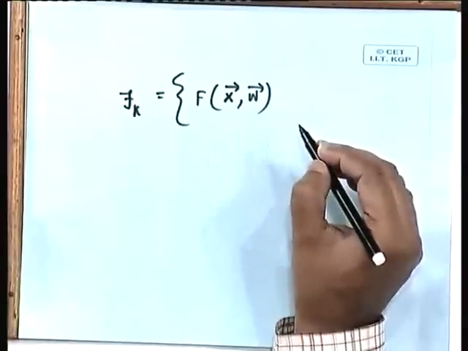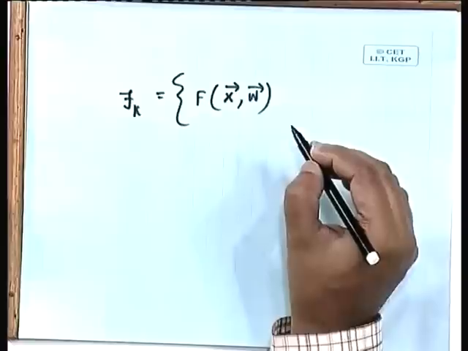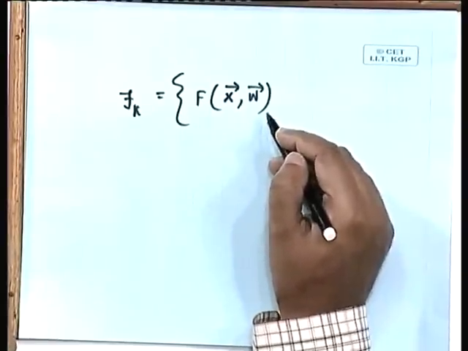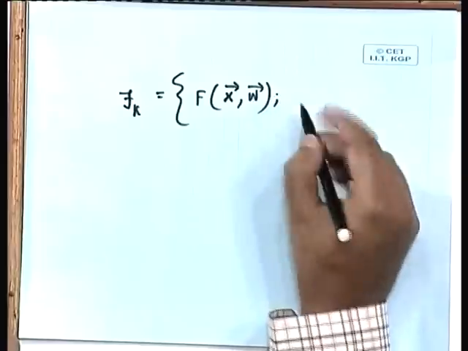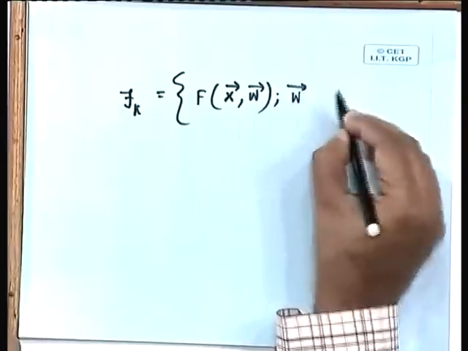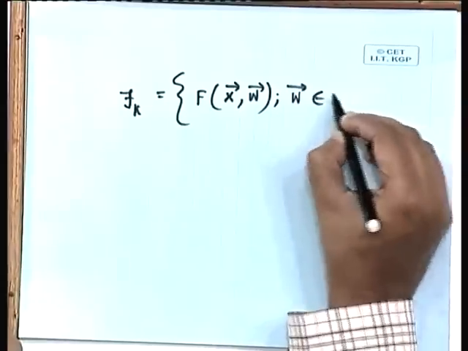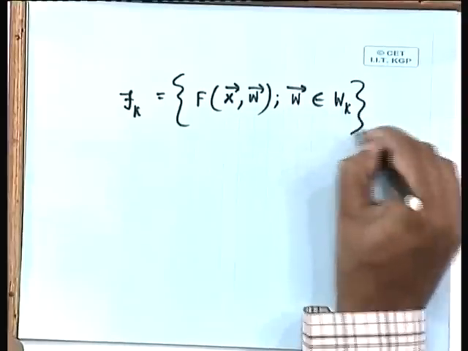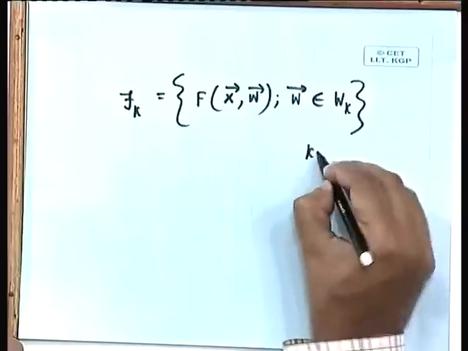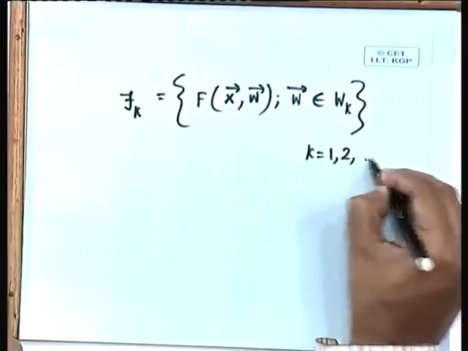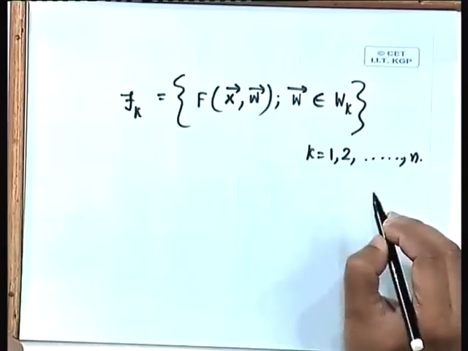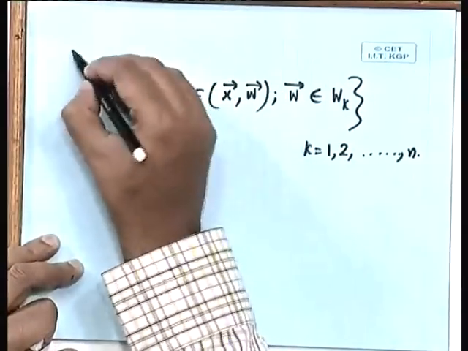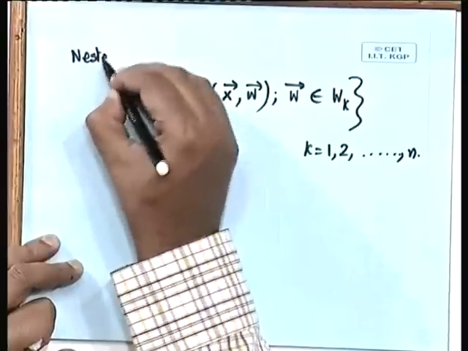X vector, w vector means it is neural network realization, x vector being the input, w vector being its free parameters, and in this case the w's will lie in the region Wk, and here k will be 1, 2 up to n. So, that means to say that we are considering a nested structure of n pattern classifiers.